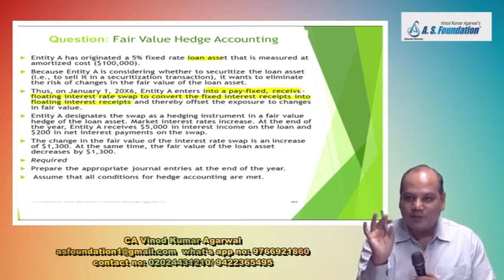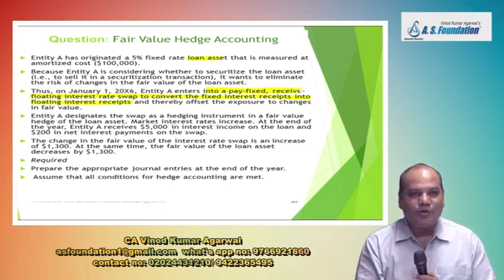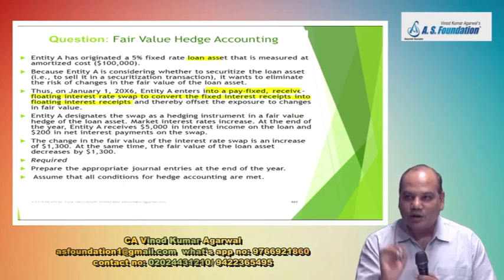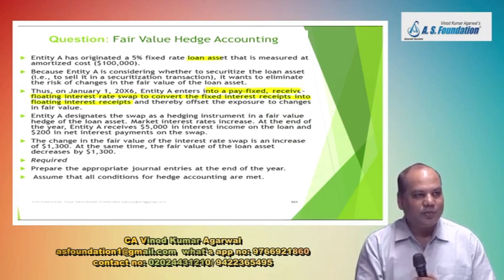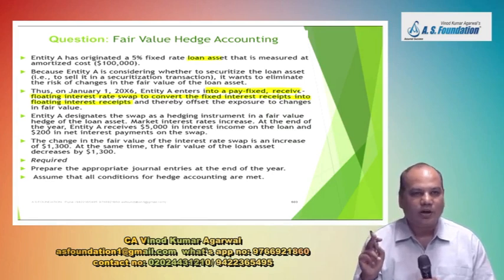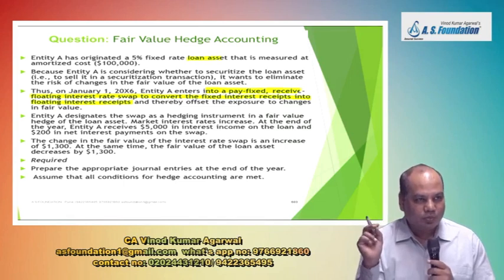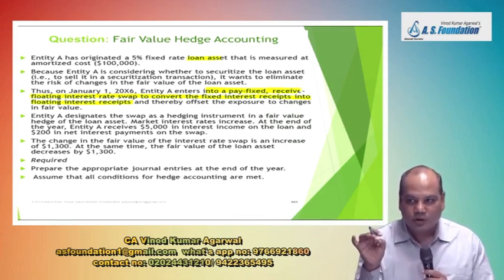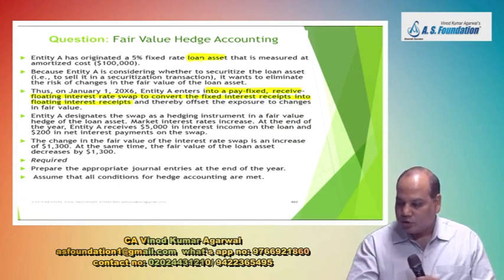You will pay at a fixed rate, but you will receive at a floating rate. So if the market rate of interest goes up, you will get more interest, not only for this period, for all the periods. Therefore there will be a gain on this interest rate swap, because you will receive floating rate, you will receive more. So the loss will be compensated by the gain on the derivative.